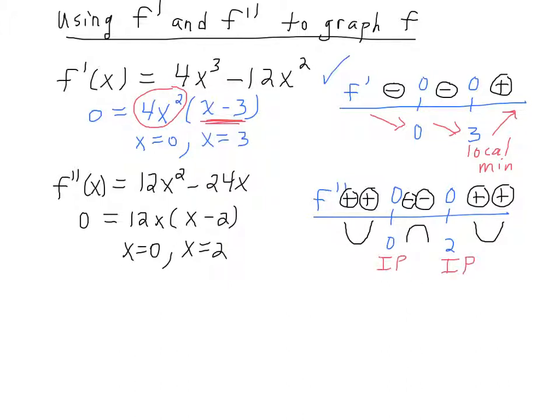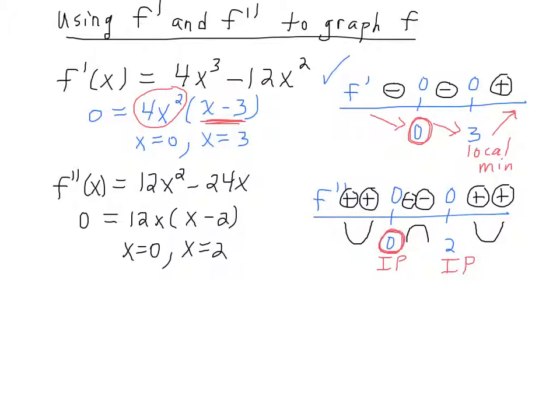Now, let's talk about this x equals 0 point for a moment. Do you see how it showed up back up here in the first derivative sign diagram? Well, if x equals 0 showed up here as a point where the first derivative is equal to 0, what that means is we actually have a horizontal inflection point.